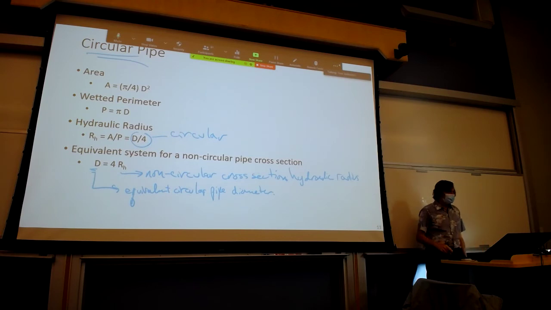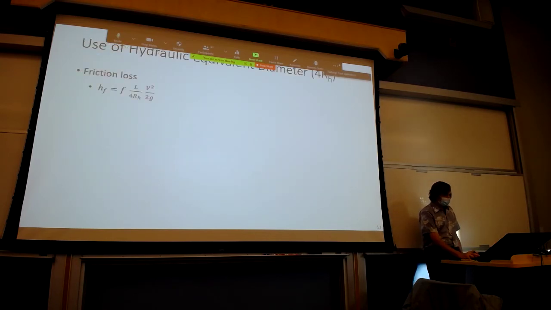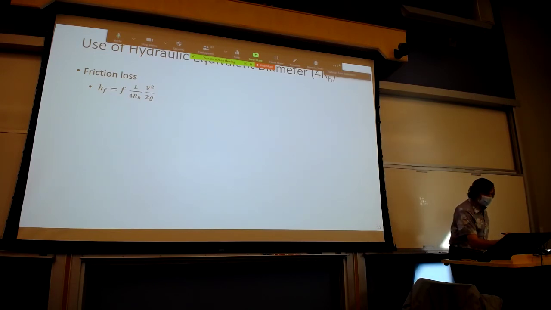So basically, in the previous slide where I had Darcy-Weisbach friction factor, relative roughness, Reynolds number, wherever you see the diameter, we're going to replace it with 4 times the hydraulic radius. So instead of f L over D, V squared over 2g, we have f L over 4 R_H, V squared over 2g.